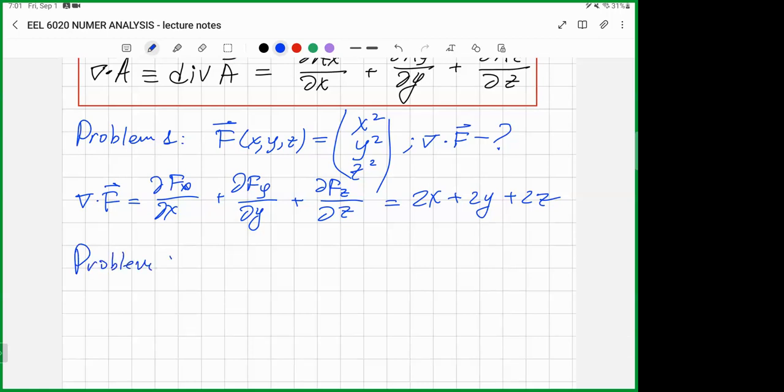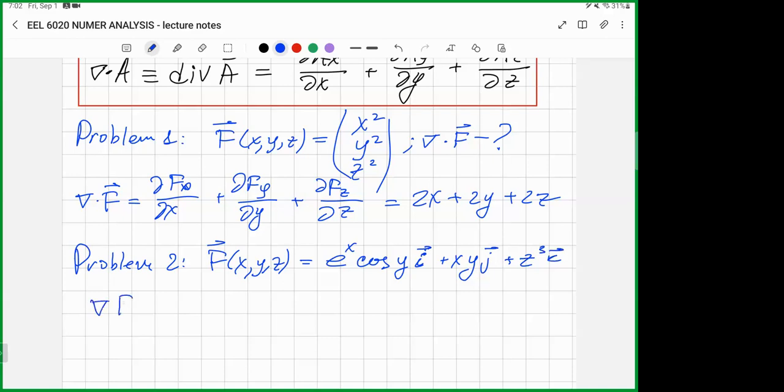Problem 2. Let's consider something like this. Let's have an exponential function, and let's take cosine of y here: e to the x cosine y i vector plus xy j vector plus z cubed k vector.